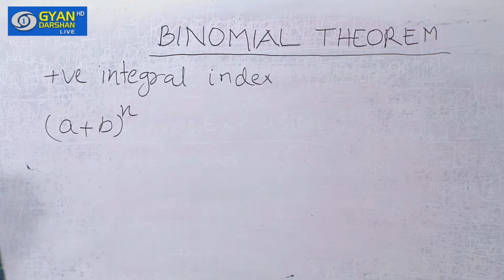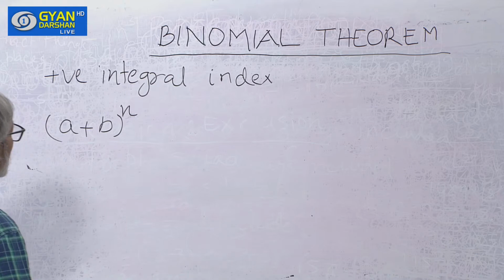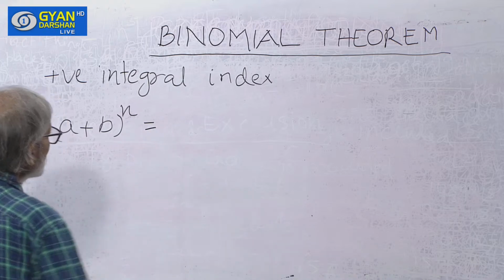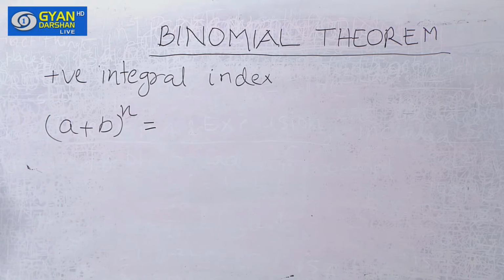This exponent n is a positive integer, that is what it means. The proof of this theorem is not in your course, so I will only write down the expression. It is not difficult, I think it is easy to remember, and I will tell you how to remember it.